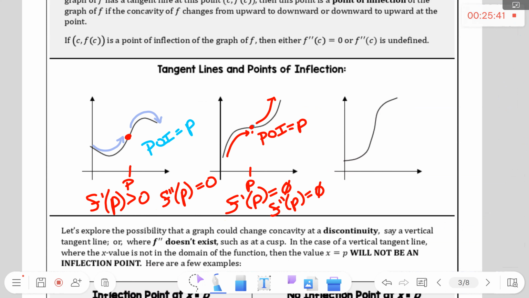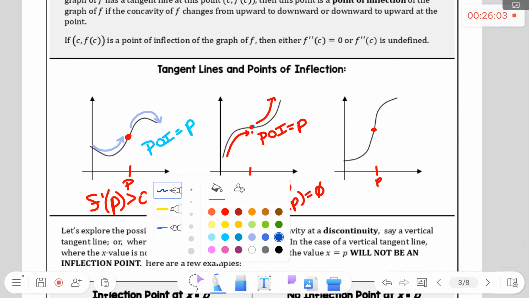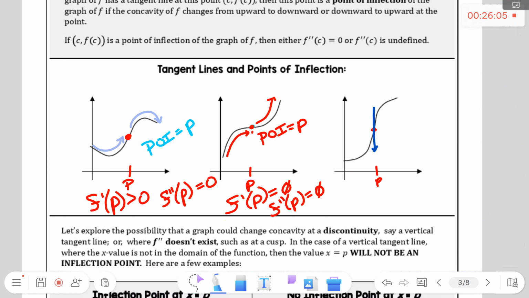But Mr. Wiggs, how in the world would you make that happen? Usually this happens for trig functions. These are usually polynomials. These are the trig functions. What's the problem here though? If I draw my tangent line in here, that doesn't exist, because it's up and down.